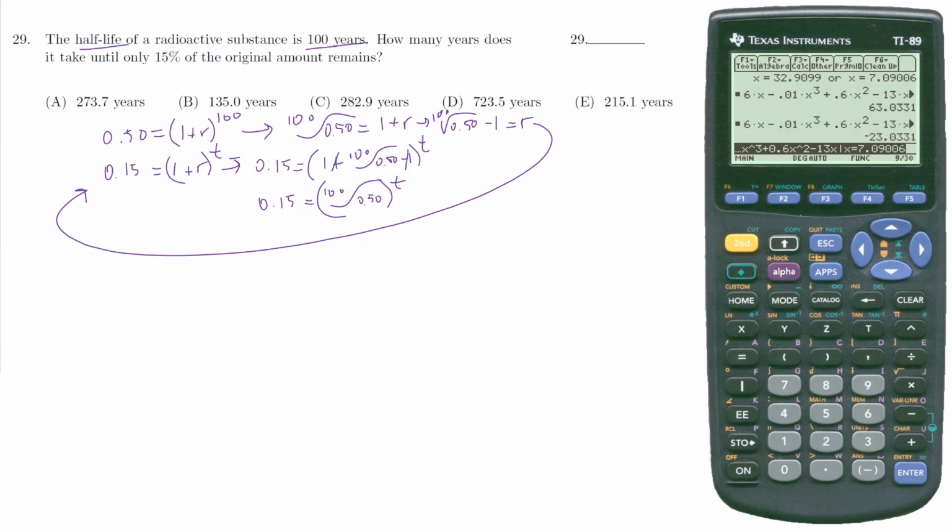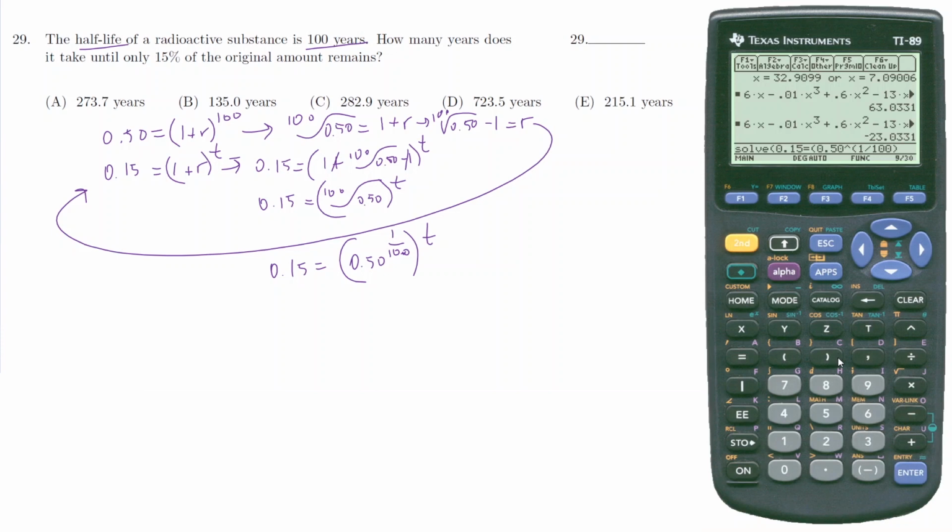Now, how do I type this into the calculator? This is 0.15 equals 0.50 to the power of 1 over 100, and then to the power of t. That's the equation I have to solve, so I need to watch my brackets. 0.15 equals bracket 0.50 to the power of 1 over 100, and I might mess up my brackets.